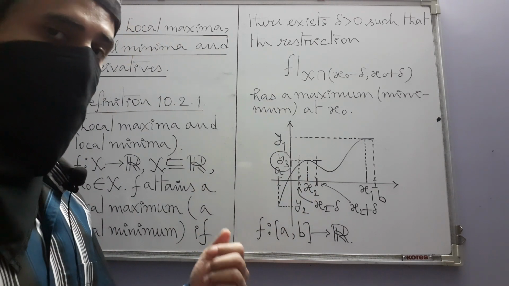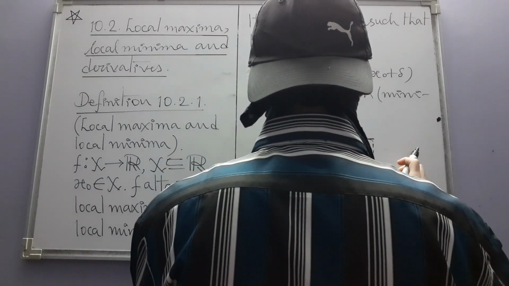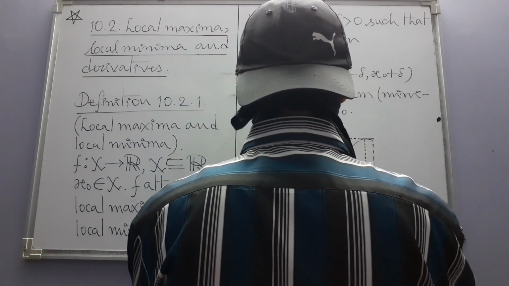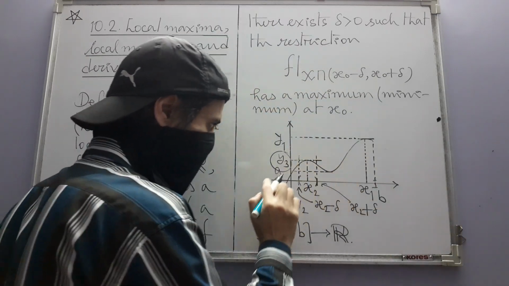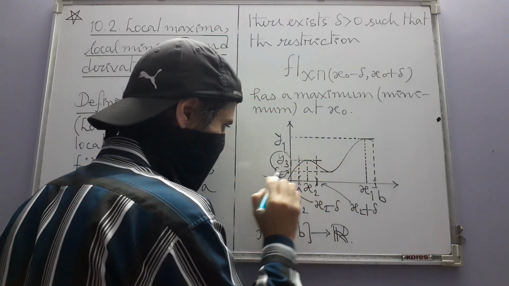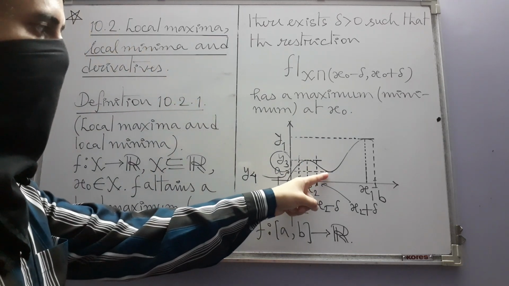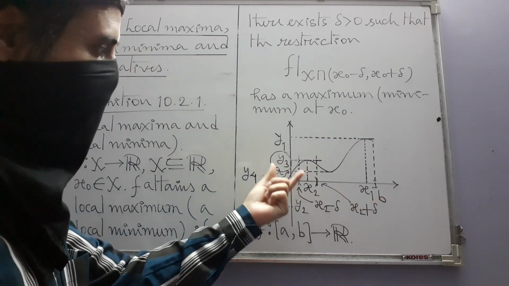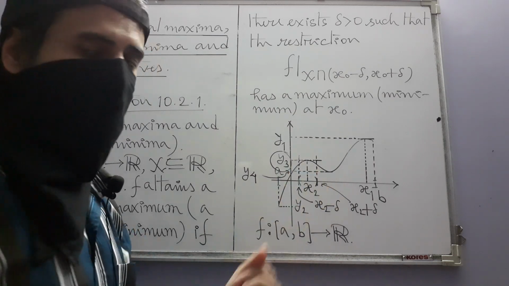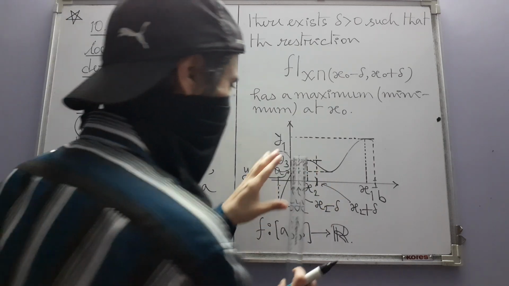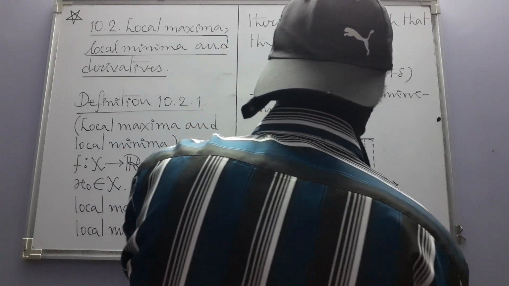There is a local minimum value also, similarly, at this point. This value you can call, say, y4, which is a local minimum value, because just like this local maximum, you can find a small region around this point at which that y4 is attained.